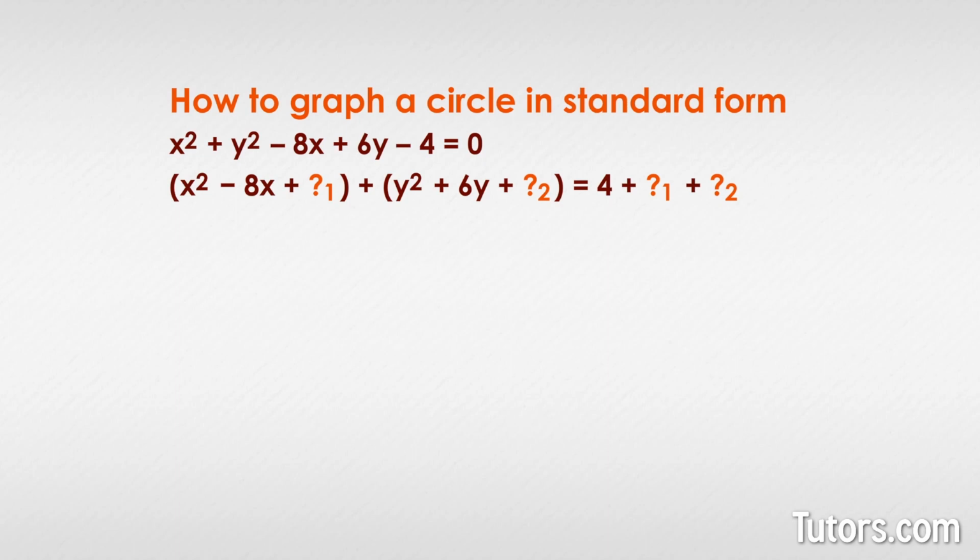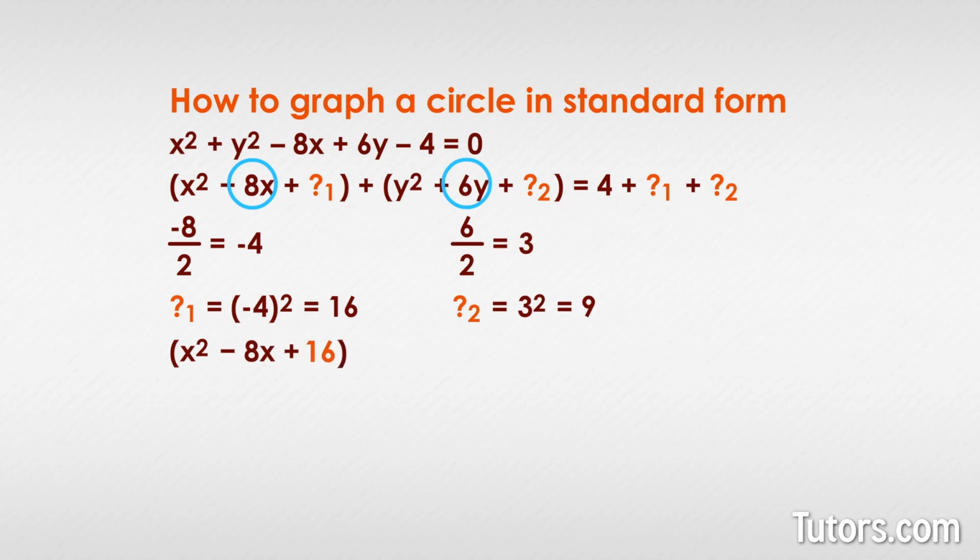You have isolated the constant to the right and added the values unknown 1 and unknown 2 to both sides. The values unknown 1 and unknown 2 are each the number you need in each group to complete the square. Take the coefficient of x and divide by 2. Square it. That is your new value for unknown 1. Repeat this for the value to be found with the y terms.